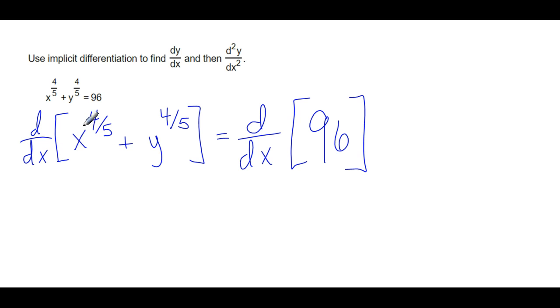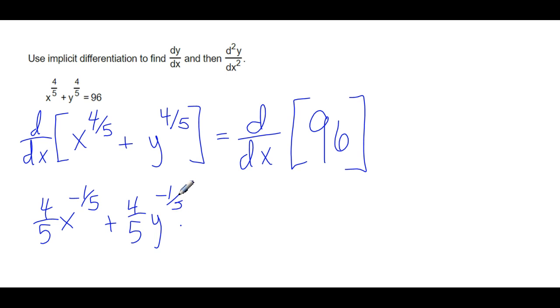Alright, on the left-hand side, we're taking the derivative with respect to x. So this is just the power rule. We get 4/5 x, and then if I subtract 1 from 4/5, I'll have negative 1/5. The same thing will happen with the y. The only difference is, when you do implicit differentiation, you have to remember the chain rule.